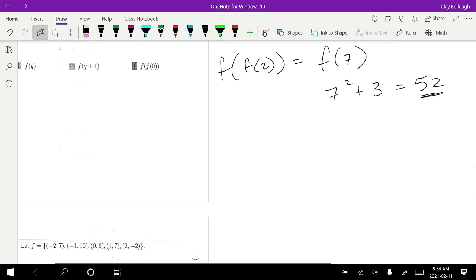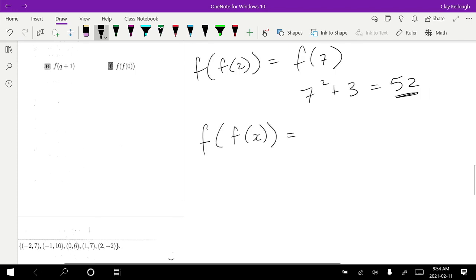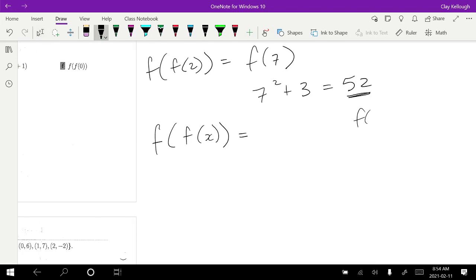What if I just wanted to know what f of f of x was? I don't even want a number. I just want an expression. Well, let's see. What was f of x again? f of x was x squared plus 3.